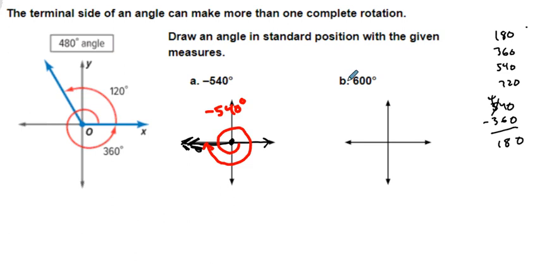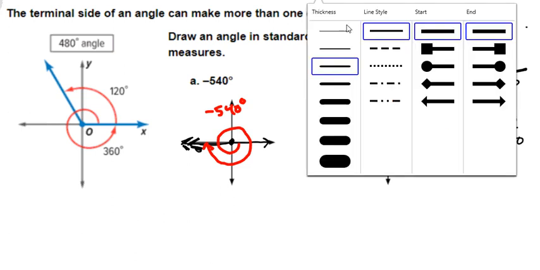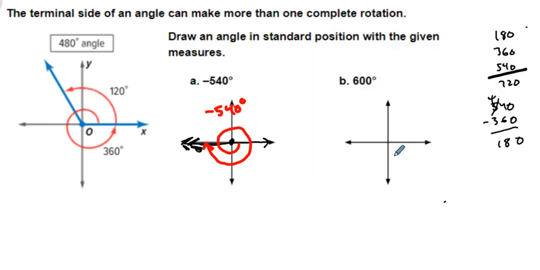All right, this one, 600, is going to be kind of between these two, right? So it's going to make more than 1.5 rotations. So we'll start with our initial side on our vertex here, right? I know it's going to go one and then do that half rotation.